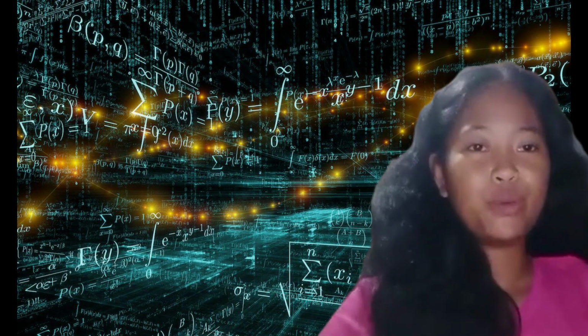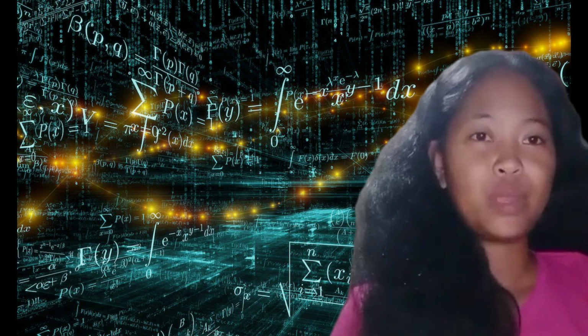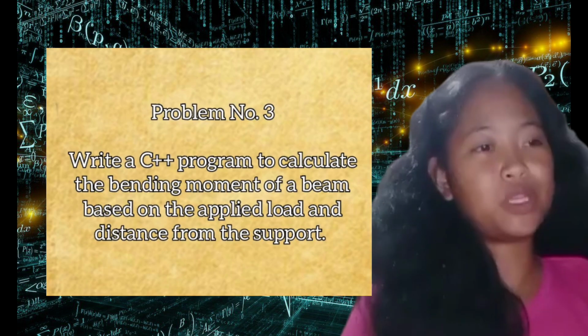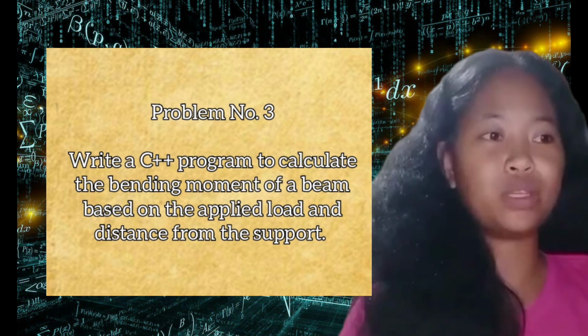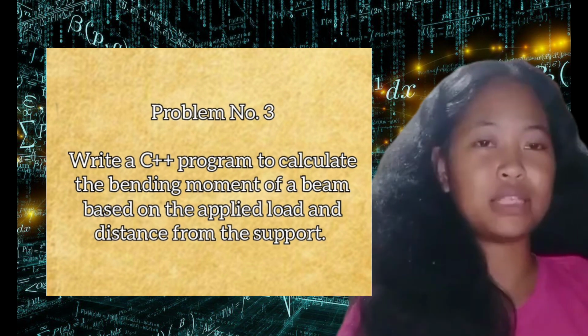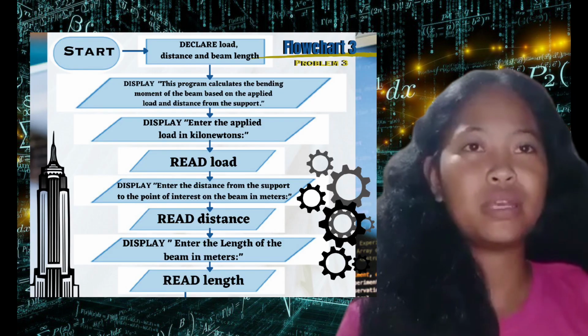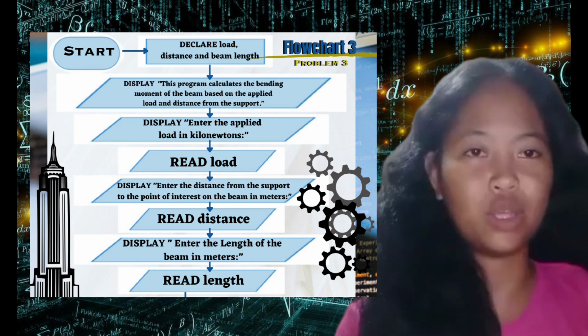And now, we are going to tackle problem number 3, which says: write a C++ program to calculate the bending moment of a beam based on the applied load and distance from the support. And the second step is we declare load, distance, and beam length as double.